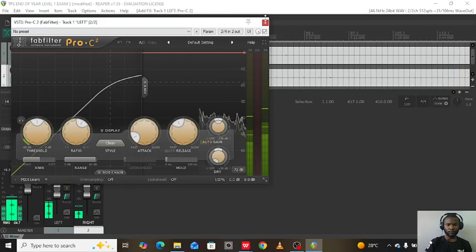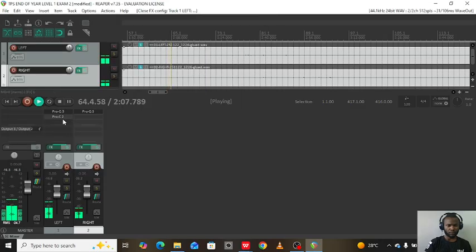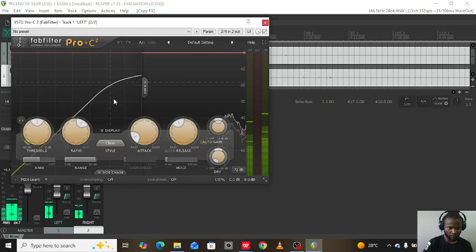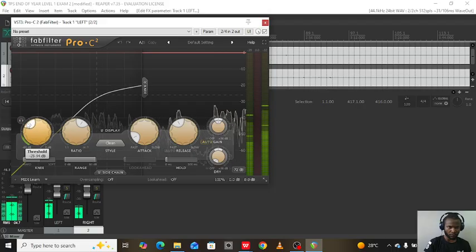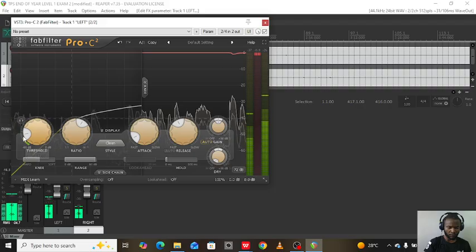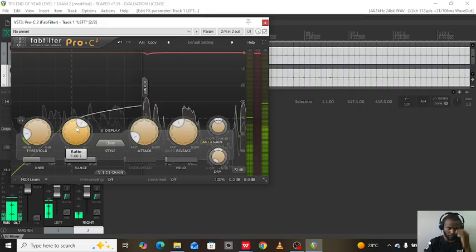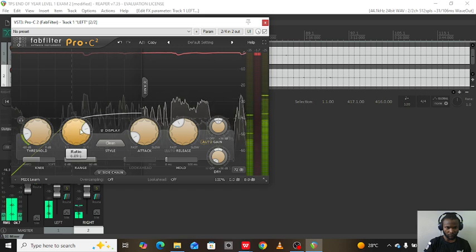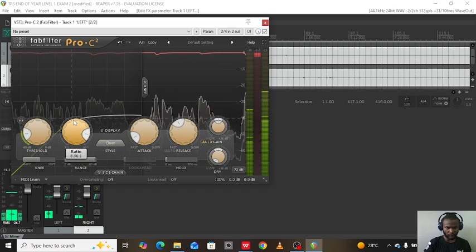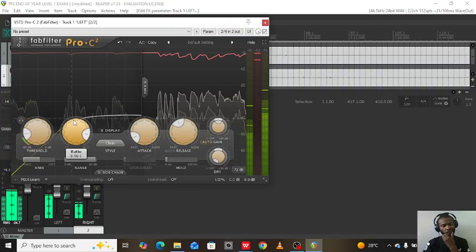And by the way, as far as HRTFs go, this is not the best way to go about resolving head-related transfer functions, because head-related transfer functions are catered to a specific individual depending on the shape of the ears, the torso, the nasal cavity, and the head.